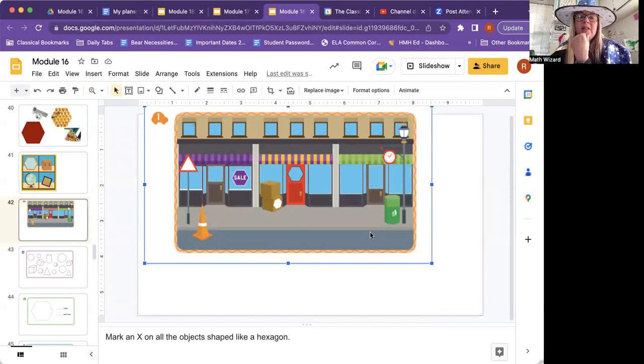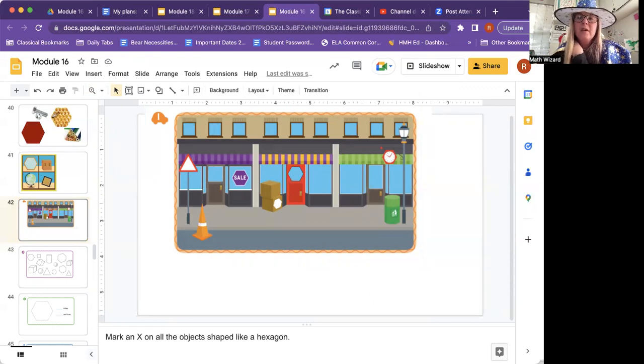And can you find any other hexagons? I see 1, 2, 3 more hexagons. I'm going to have you pause this while you find those. All right. Let's see if you found the same ones I did. Okay, I found this one.